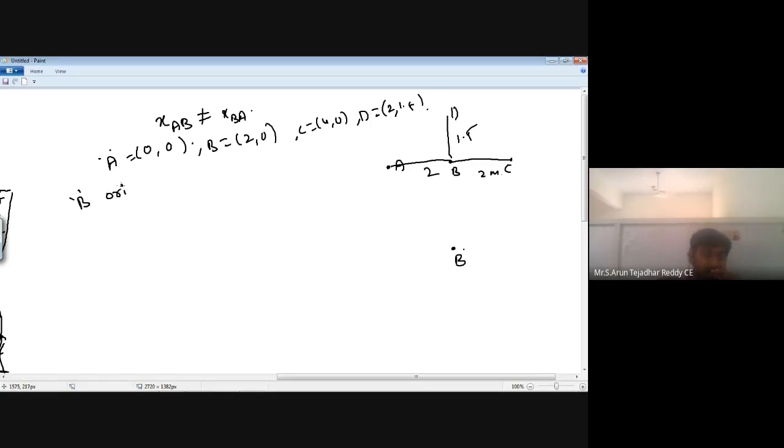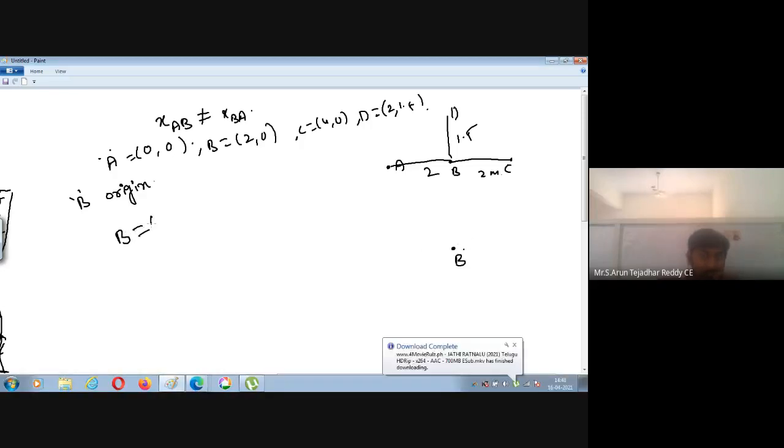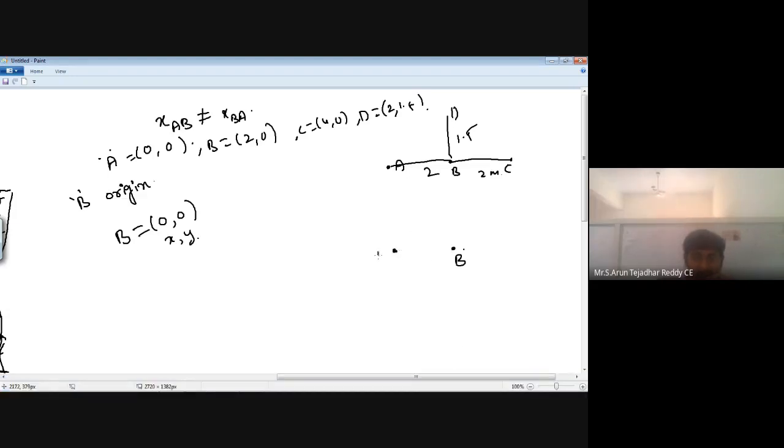Just imagine B as the origin. At B we don't have any length, so we can consider 0, 0 in the x and y directions, and here we have A, that is B to A, 2 meters. How can we write it?